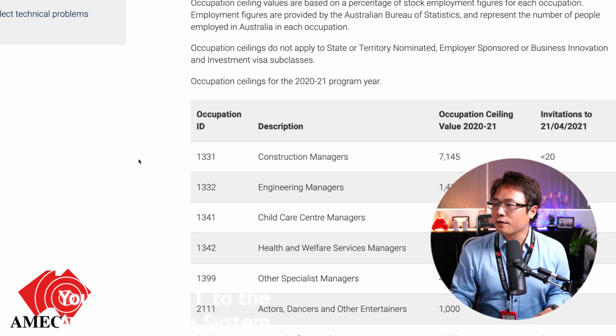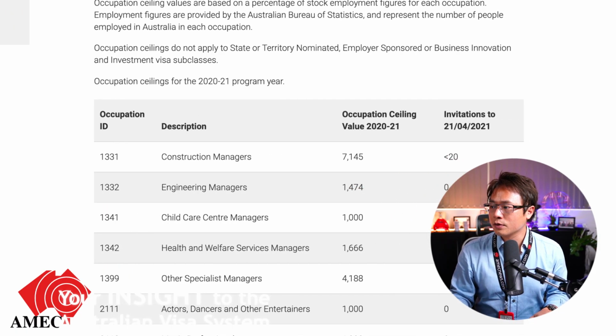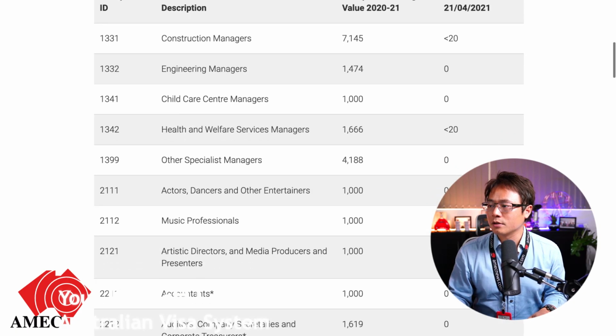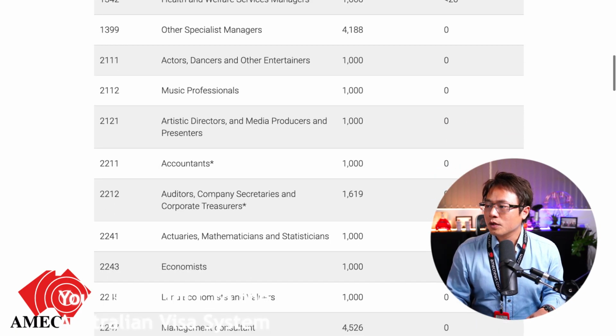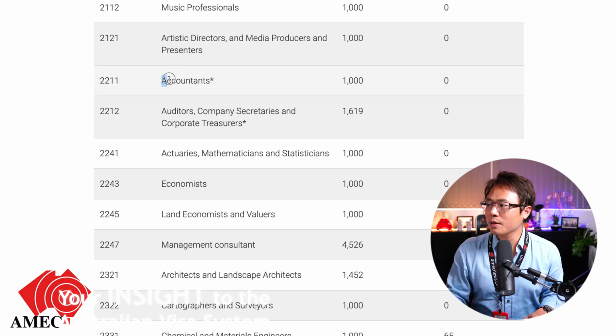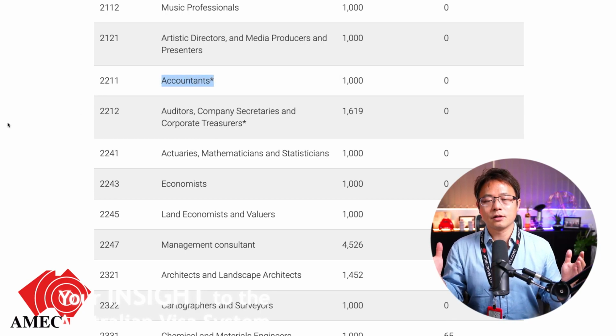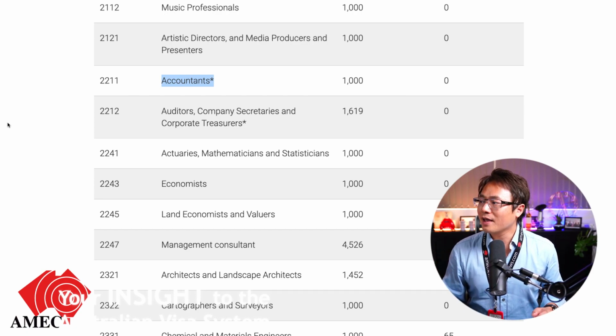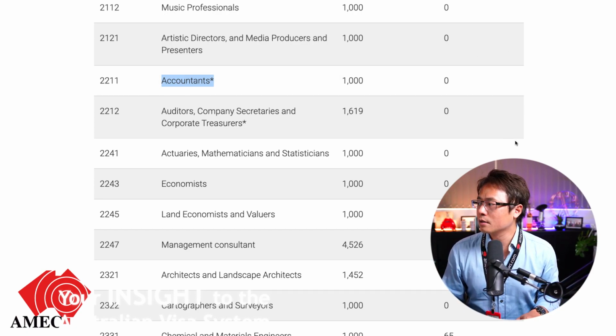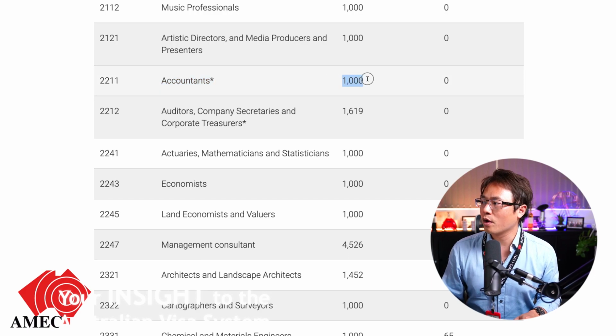Now, the only thing that I want to talk to you about is how hard it is for accountants to migrate. As you can see here, it has been put in with asterisks, meaning that there have been too many accountants in the past years, but they are not looking to remove it. But they've been capped at 1,000.